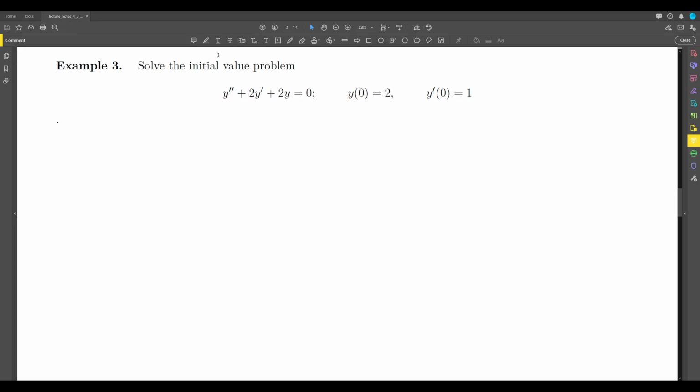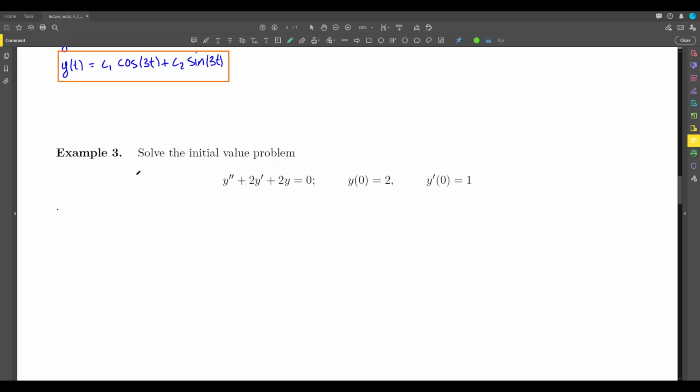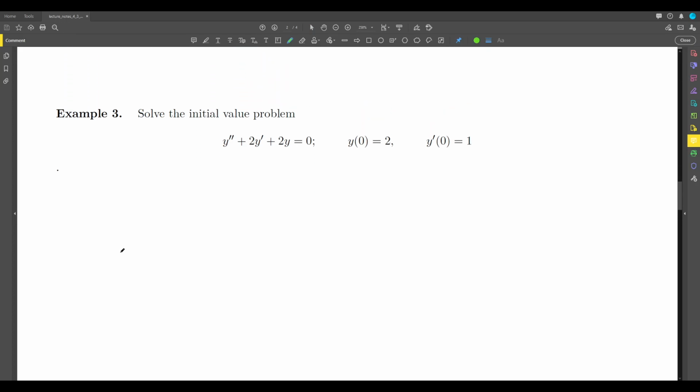So when we solve the initial value problem, we start out the same way by finding the auxiliary equation, and the auxiliary equation here is given by r squared plus 2r plus 2 equals 0.